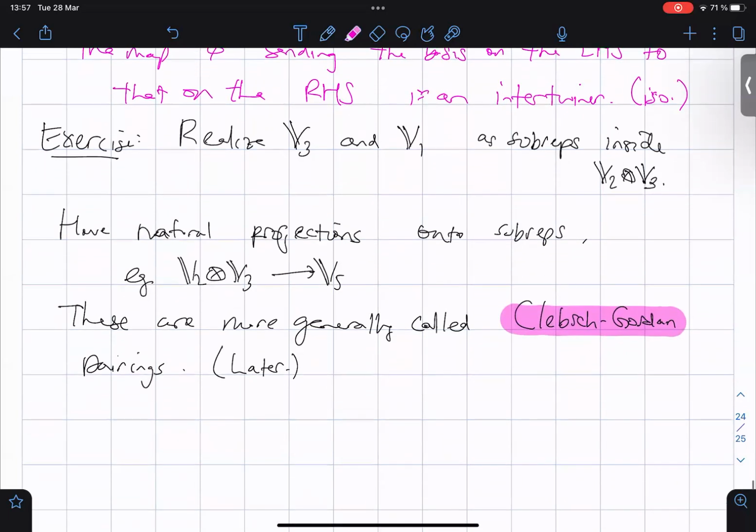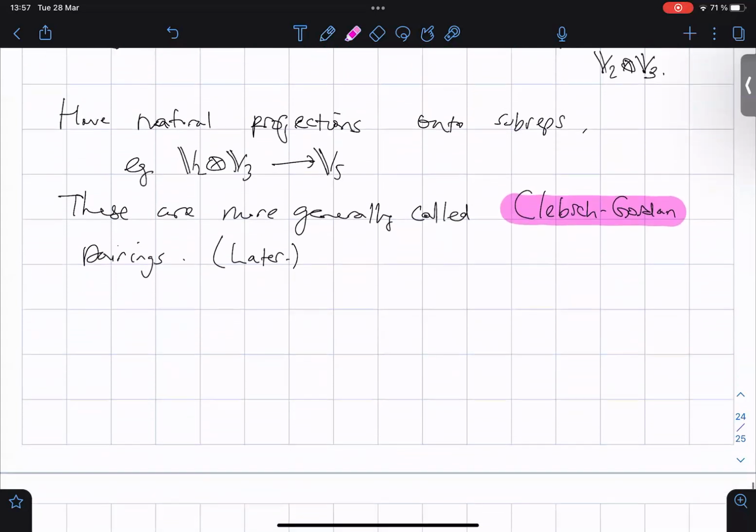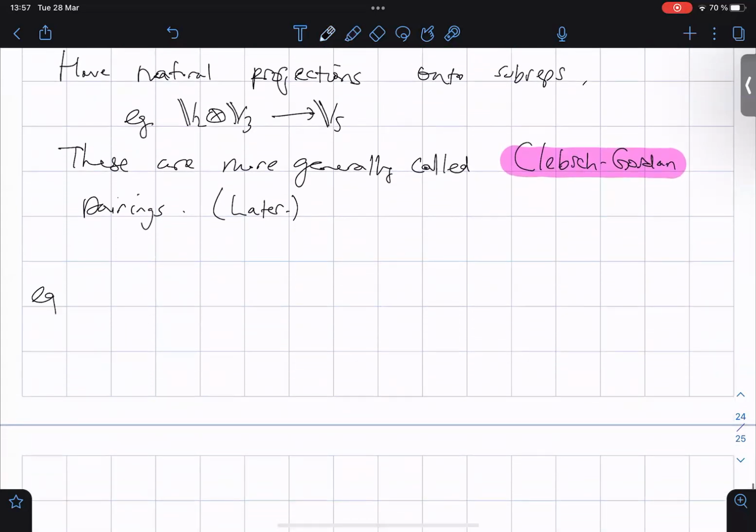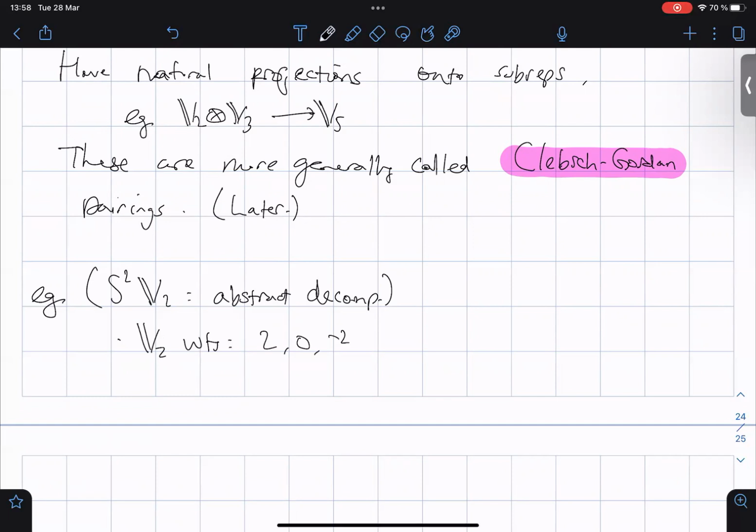Okay, let's do another example. Let's do a symmetric tensor product, and we're going to start out with the abstract decomposition. V2 weights, very familiar: 2, 0, minus 2. Since I'm dealing with S2, symmetric tensor products, what I want to do is not take arbitrary direct sums.